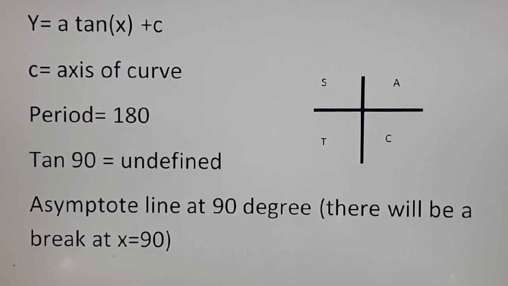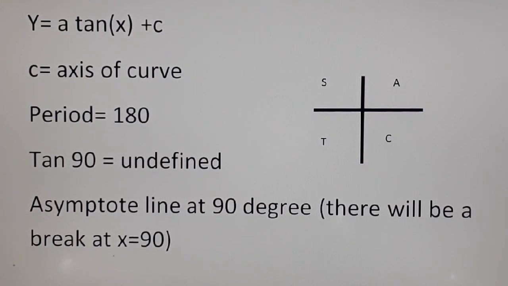We have already studied that in sine and cosine sketching, the coefficient is called amplitude, and it gives us the maximum distance from the axis. But in case of tan, this value a does not represent amplitude, because there is no maximum or minimum value in tangent theta, but c will be known as the axis of the curve.